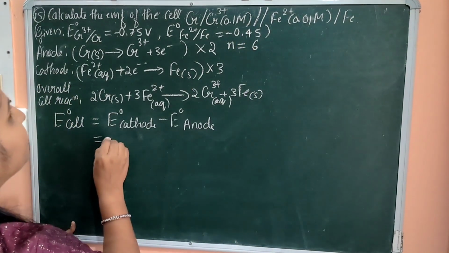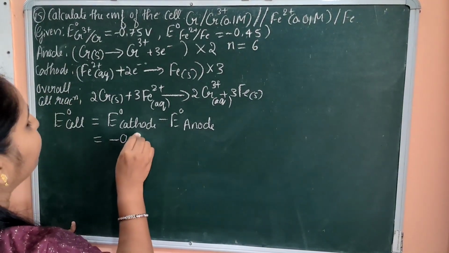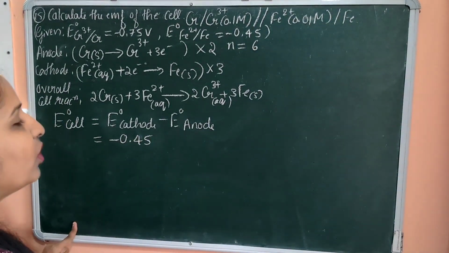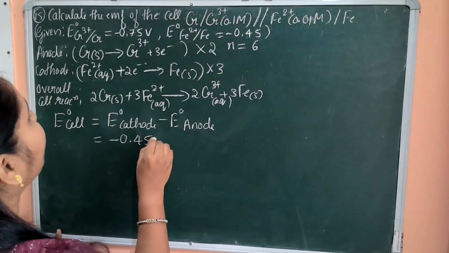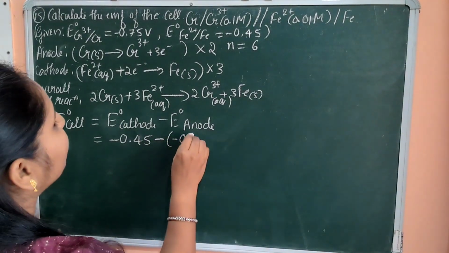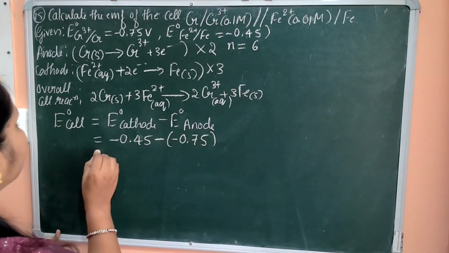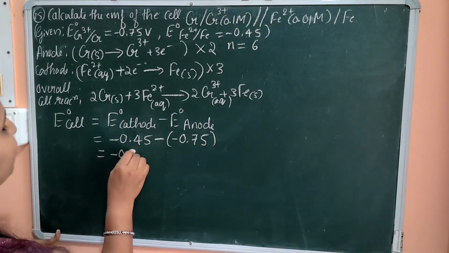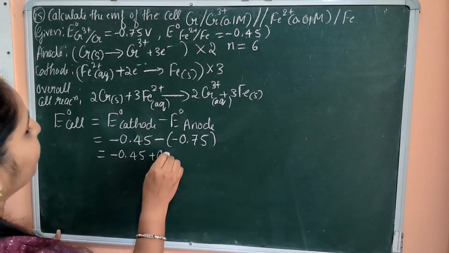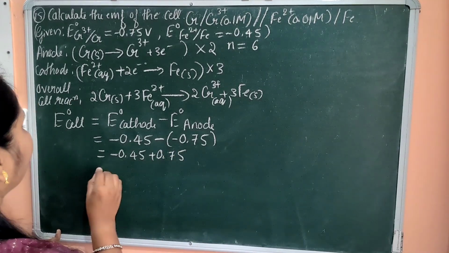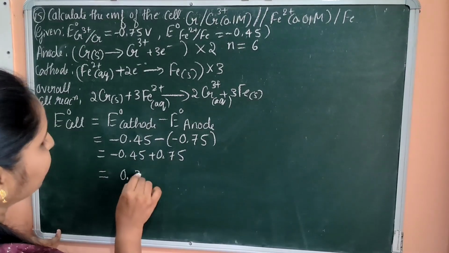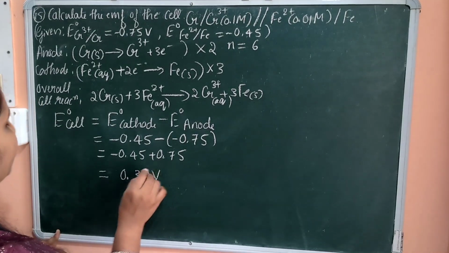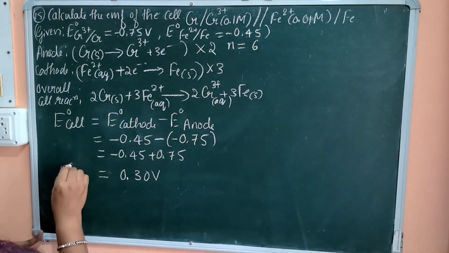The value is minus 0.45. And what is anode here? Anode is the one which is undergoing oxidation here. Minus of minus 0.75, which becomes minus 0.45 plus 0.75. So it will be 0.30.